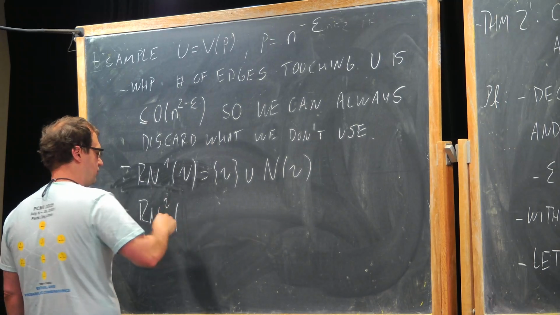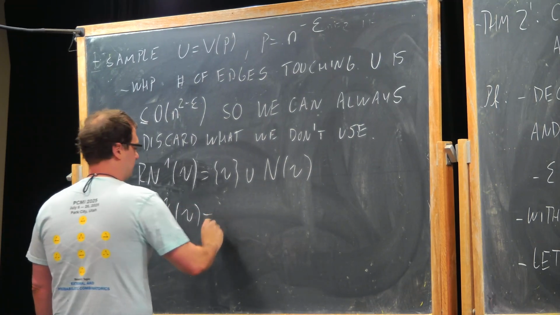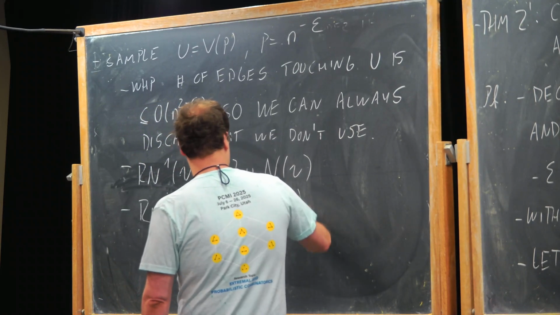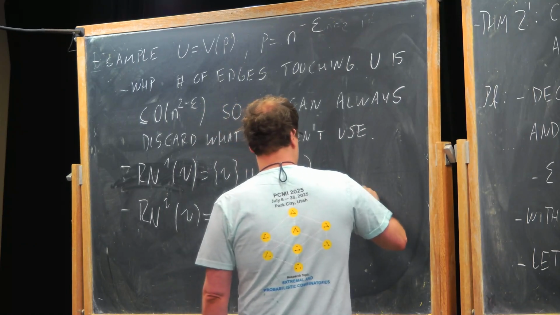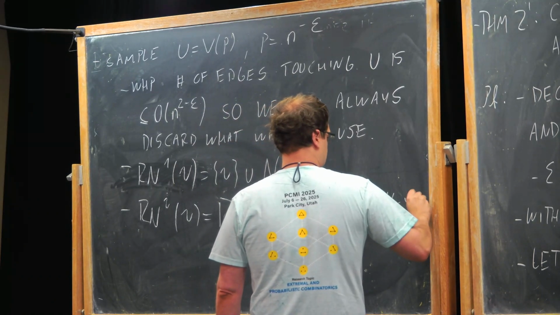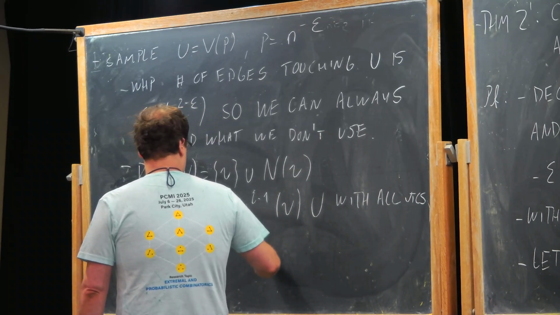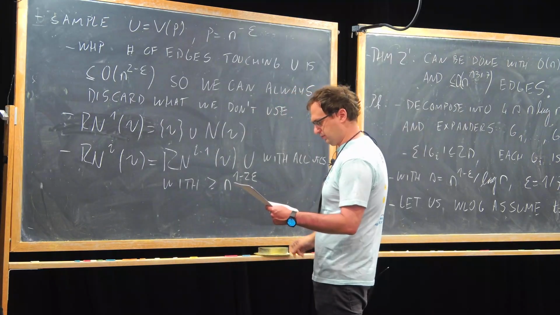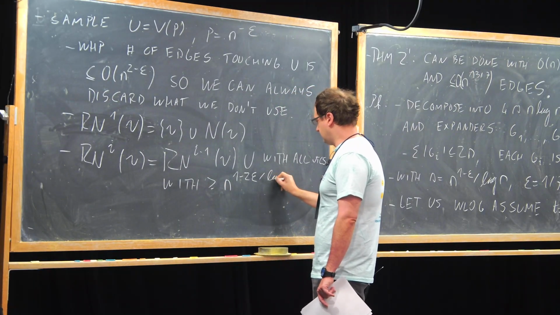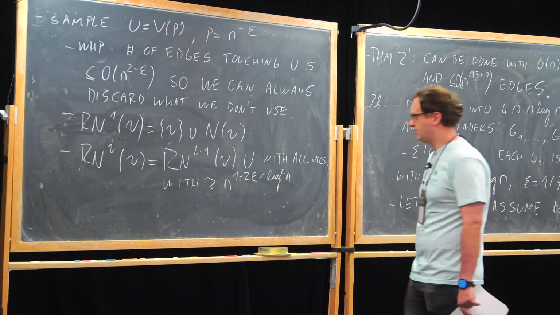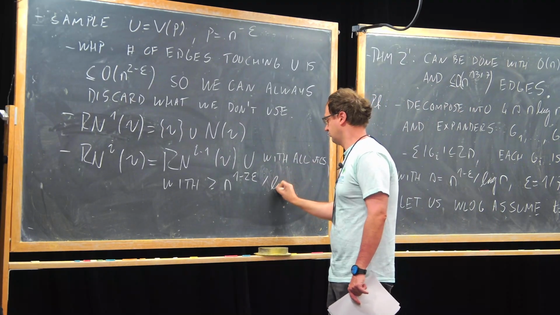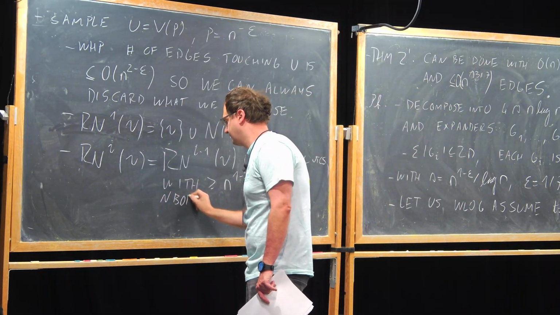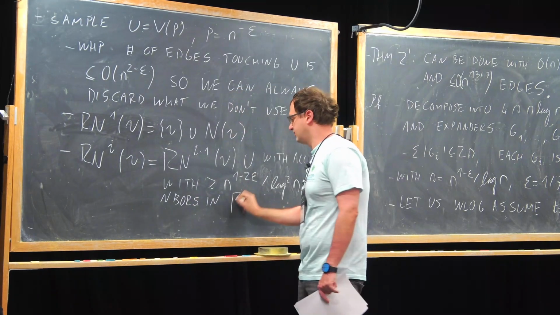The robust neighborhood of radius i around v is just the previous robust neighborhood together with all vertices with at least n to the 1 minus 2 epsilon, I think I need to put maybe here divided by log squared n, some nonsense like that, neighbors in the previous robust neighborhood.